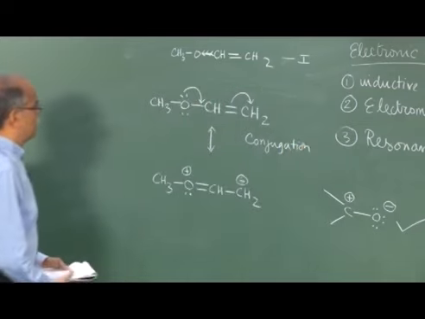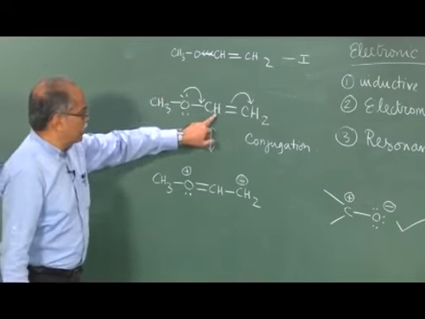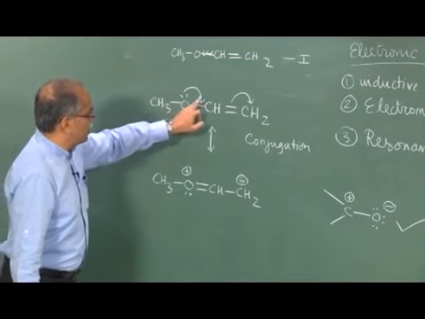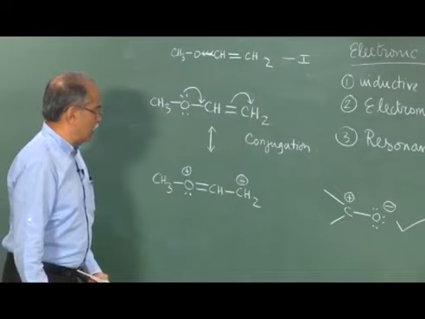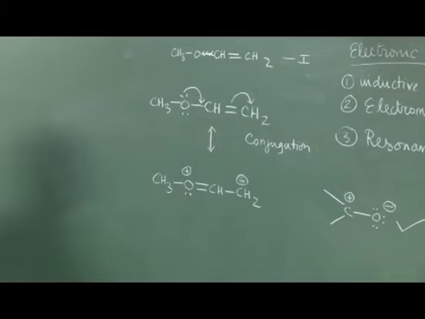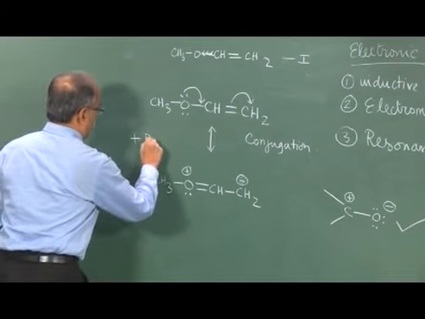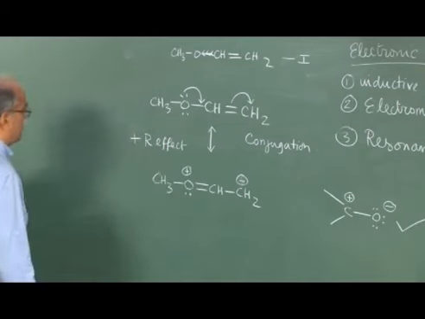The orbital bearing the lone pair of electrons on the oxygen and the pi orbitals can interact with each other, and thereby the electron density can be delocalized onto this carbon bearing a negative charge, and oxygen bears the positive charge. This kind of an effect is known as the plus R effect.